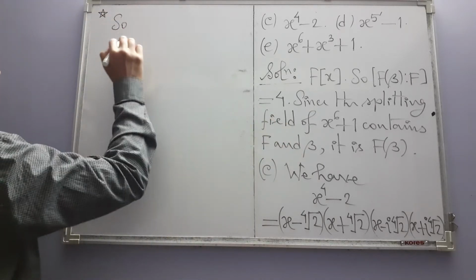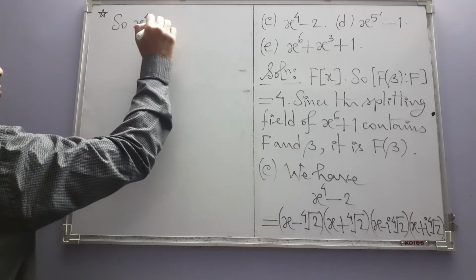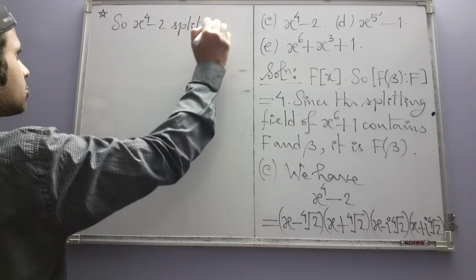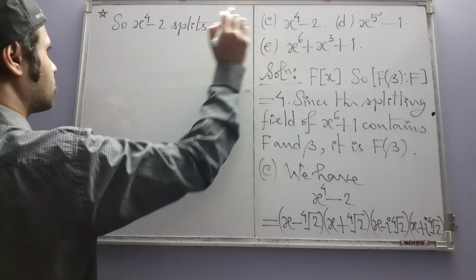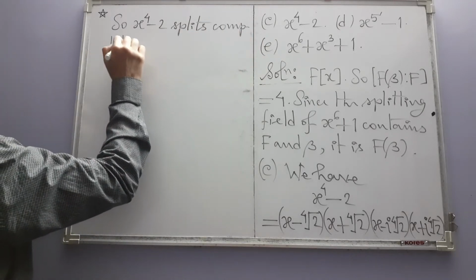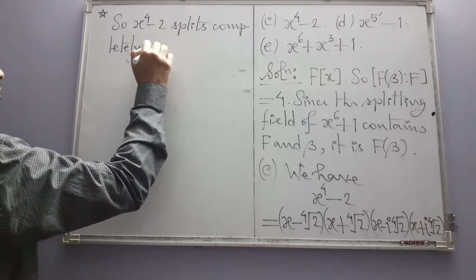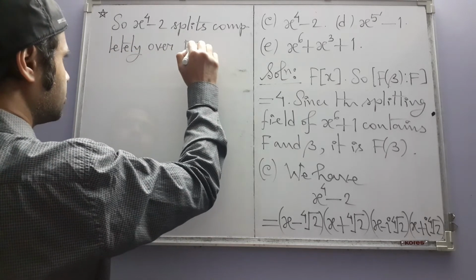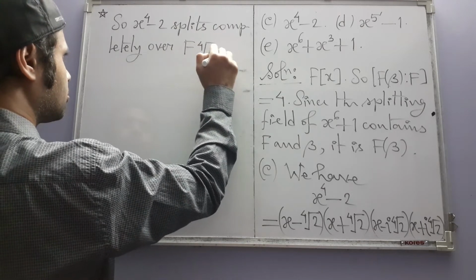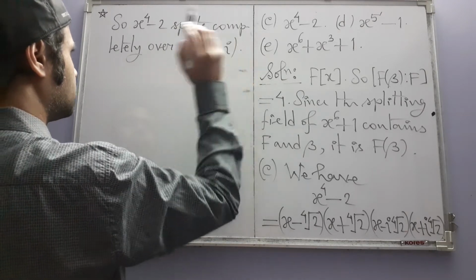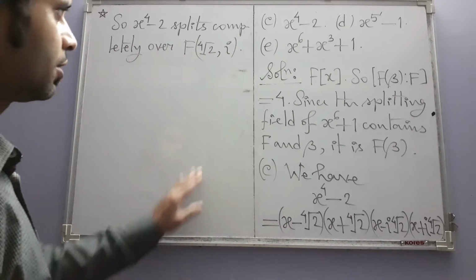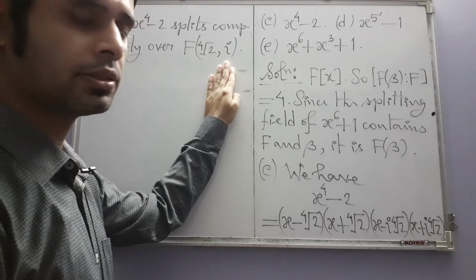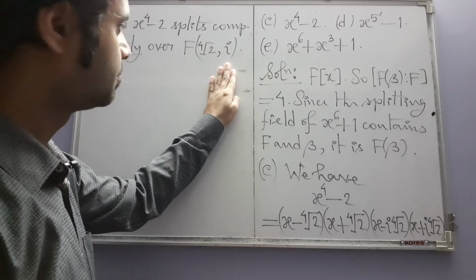So this splits completely over what? Over this extension of the field of rational numbers obtained by attaching two elements to it successively.